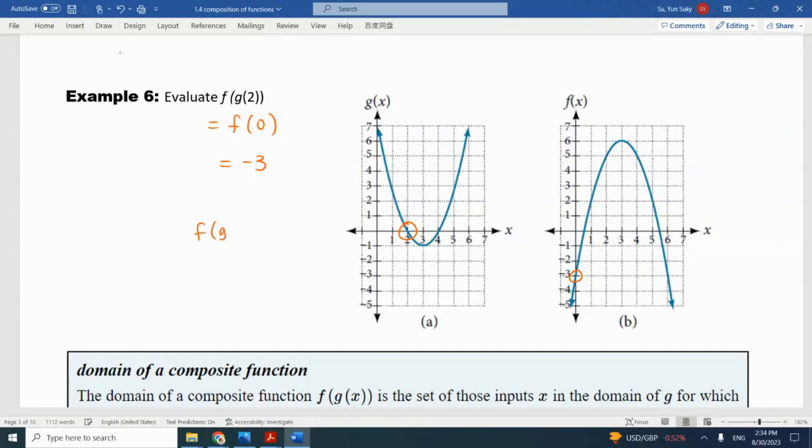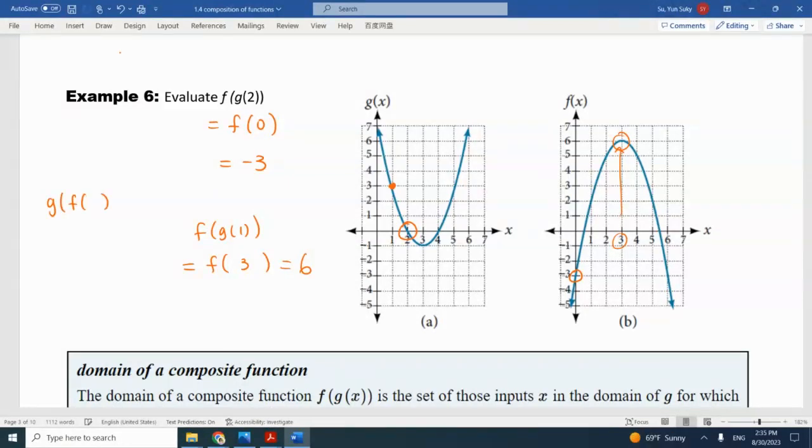How about if I ask you f of g of 1? G of 1 is, oh, this is not a good number because it's not an integer. Let's pretend it's 3. Then what's f of 3? It will be 6. What if I change the number?